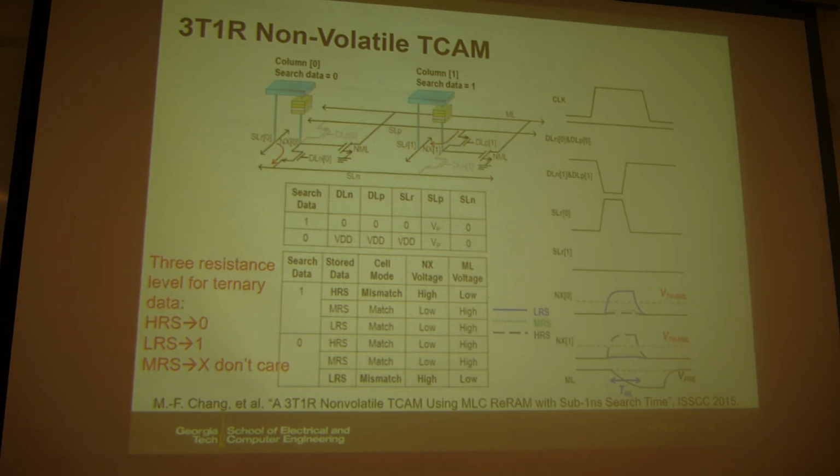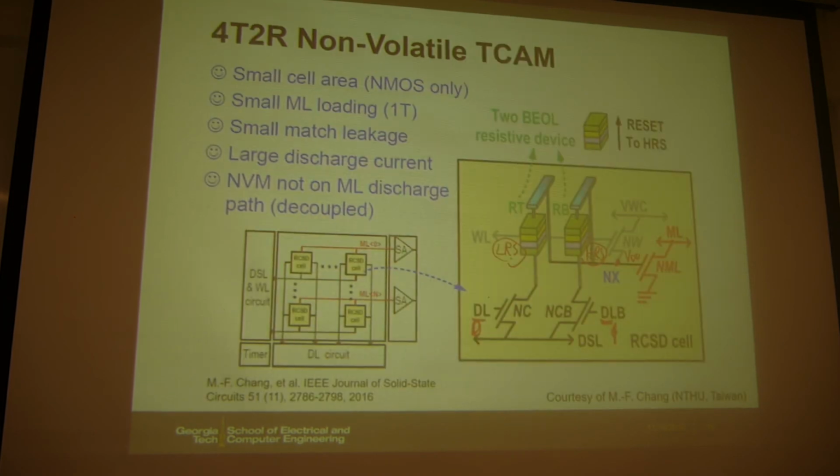So the R has to be vertical, in the higher metal layers, right? Different companies may have different metal layers to integrate the R. Some of them integrate it between metal 1 and metal 2, some between metal 3 and metal 4.